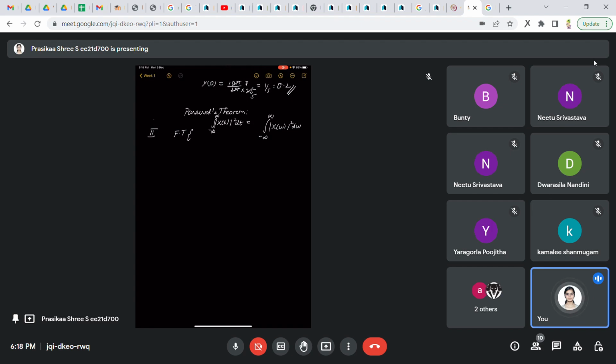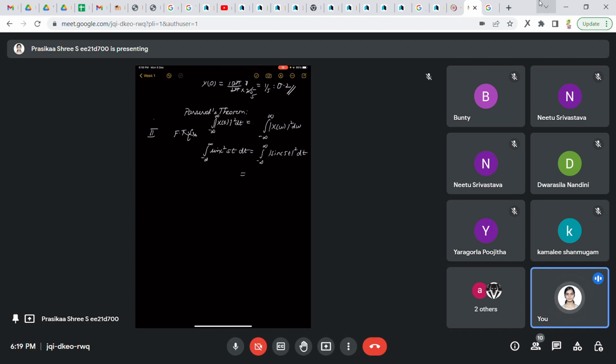It is continuous time, not a periodic signal. So you can compute: the given expression, the integral from minus infinity to infinity of sinc square 5t, can be written as the integral of sinc 5t the whole square dt.